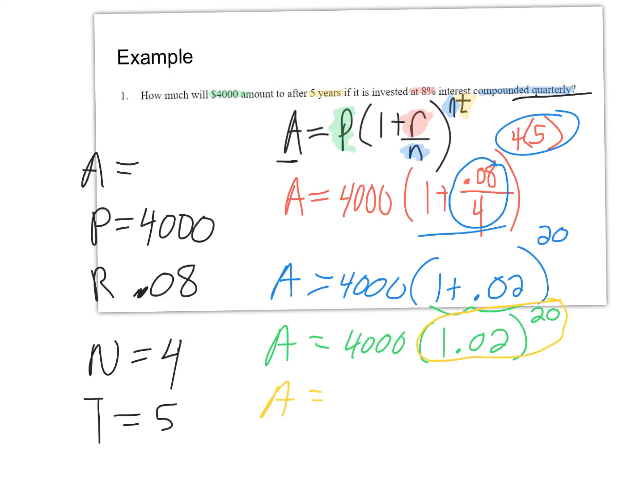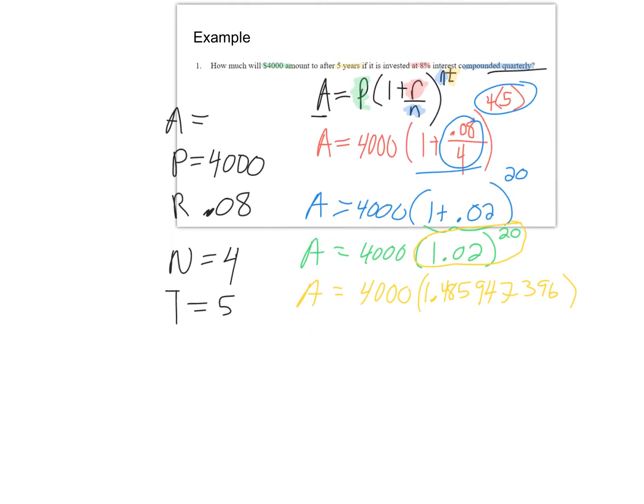Now according to order of operations, I'm going to do this part next, raise that to the 20th. The 2-year-old Gwen is sleeping, so I can actually use my calculator, which is really nice. So 1.02 raised to the 20th power, I'm going to get 1.485947396. Okay, now I'm going to shrink this a little bit, move it up. And now we're going to multiply these pieces together.